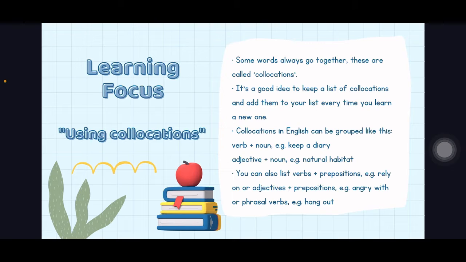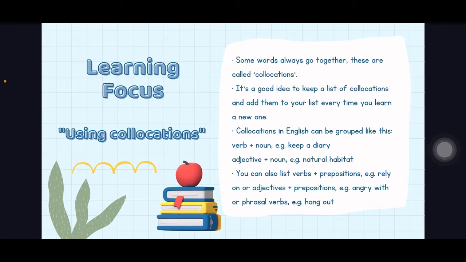Or they can be grouped as adjective plus noun. For example, natural habitat. So these collocations can be grouped into two groups, verb plus noun and adjective plus noun. For the last point, you can also list verb plus preposition.